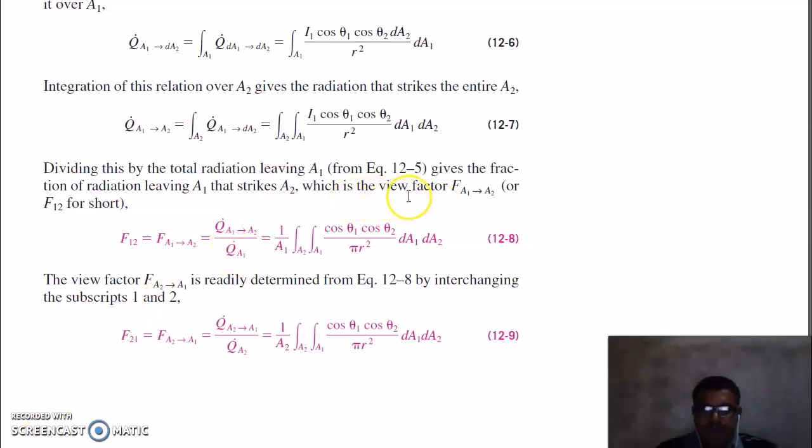This will give you the view factor FA1 to A2, or you can write it as F12. The view factor FA2 to A1 is readily determined from this equation by just changing the subscript 1 with 2, and you will get F21.